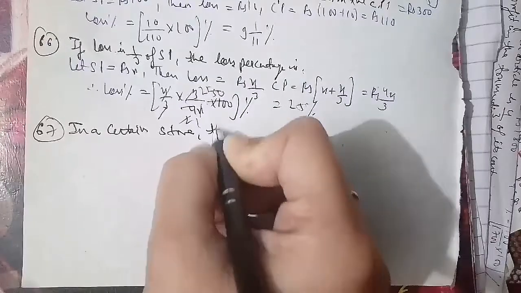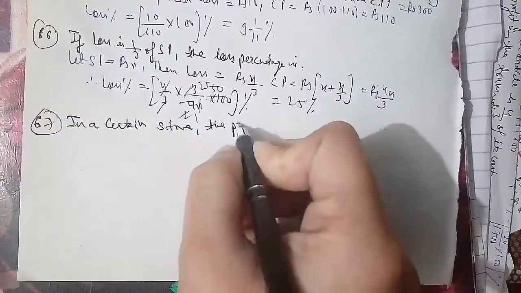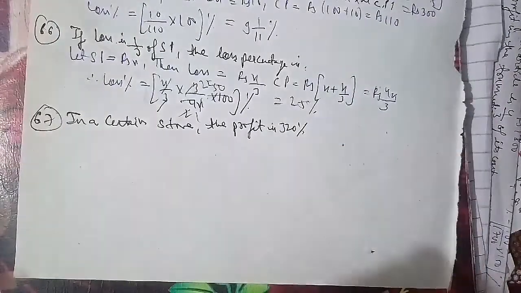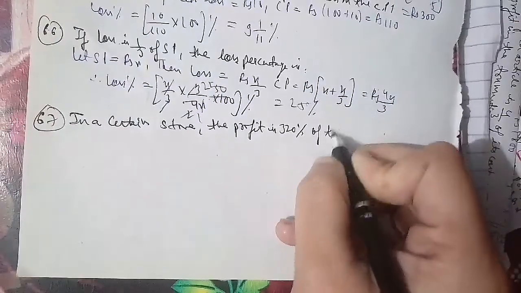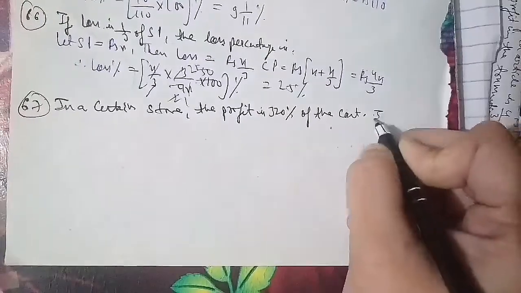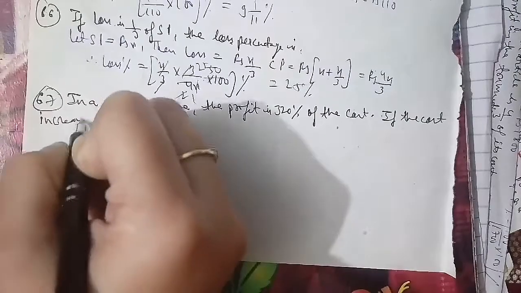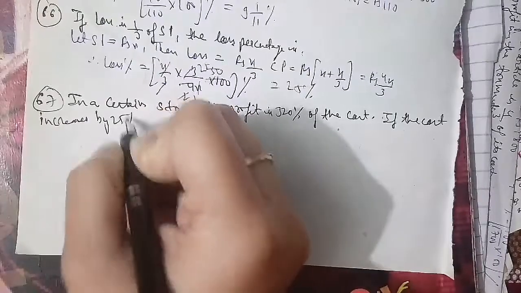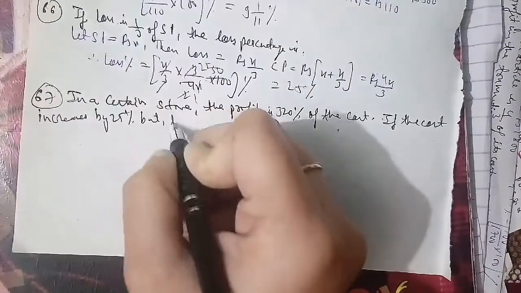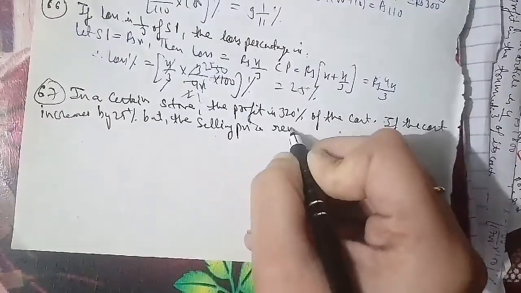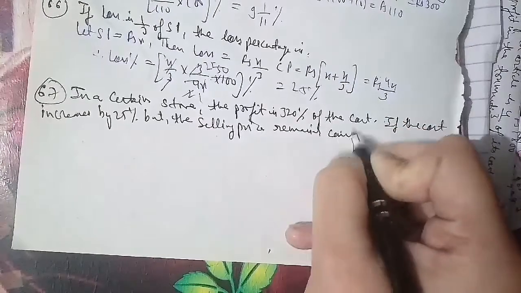If the cost increases by 25%, but the selling price remains constant, approximately what percentage of the selling price is the profit?